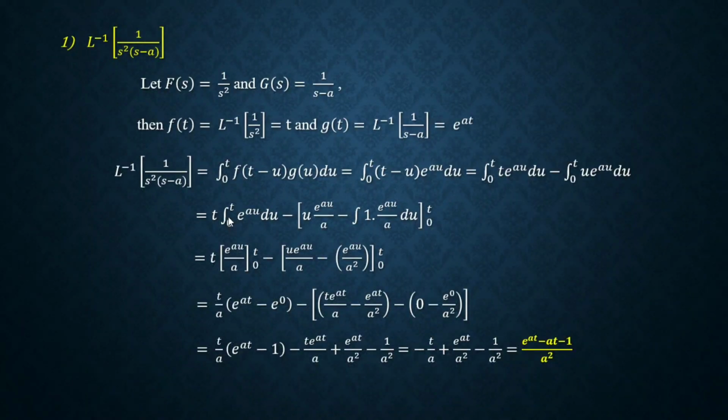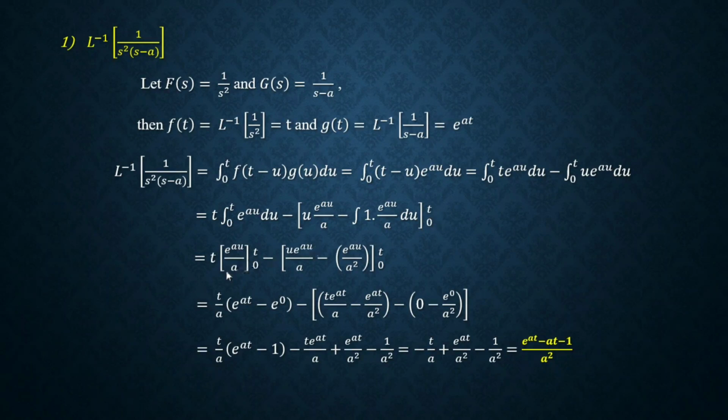So in t integral 0 to t e raised to au du minus of u into integral of v, that is e raised to au by a, minus integral of derivative of u, that is d by du of u will be equal to 1, into integral of v, that is v is equal to e raised to au here. So integral of e raised to au is e raised to au by a du within the limits 0 to t.